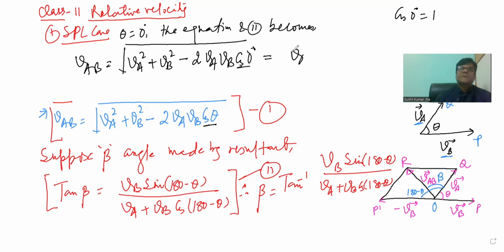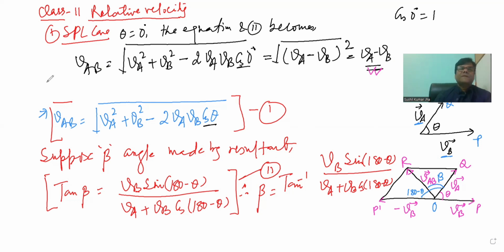So it can be VA minus VB whole square under root, and so it becomes VA minus VB. So this becomes the case of what we do when the objects are going in the same direction because angle theta is 0. Same case that we did in straight line motion.